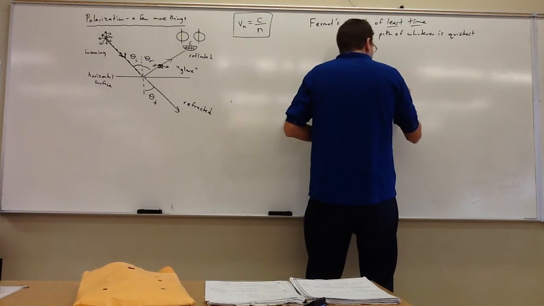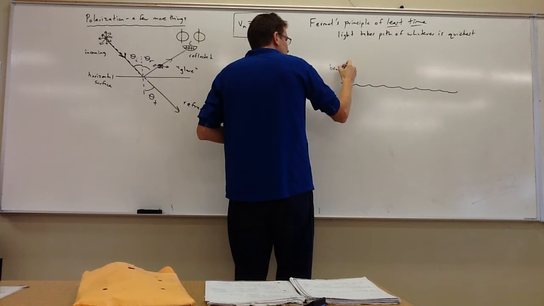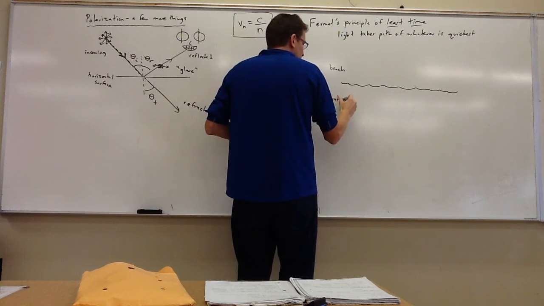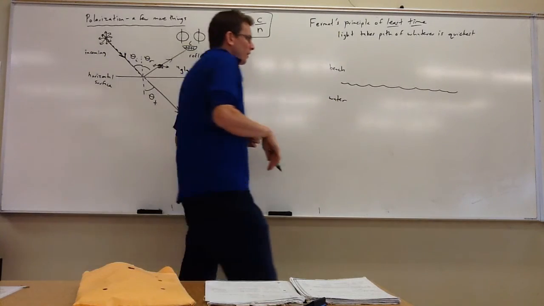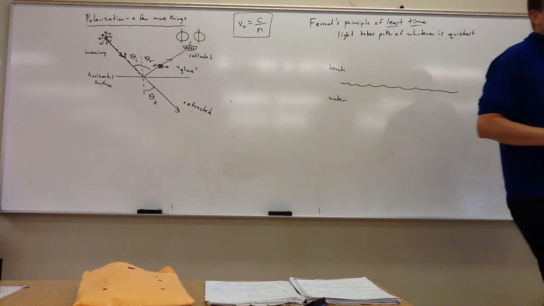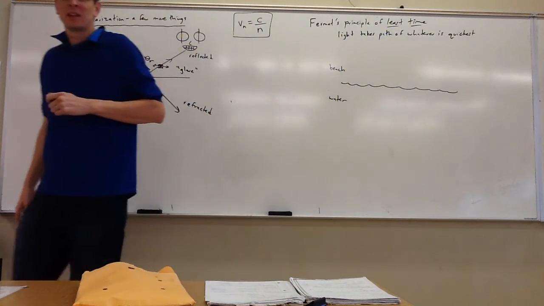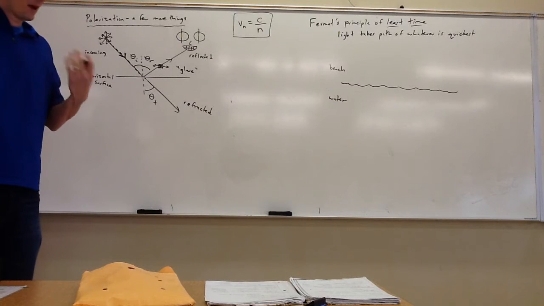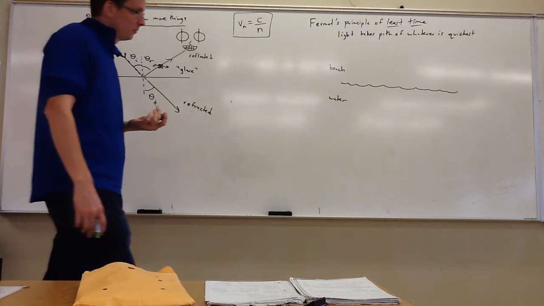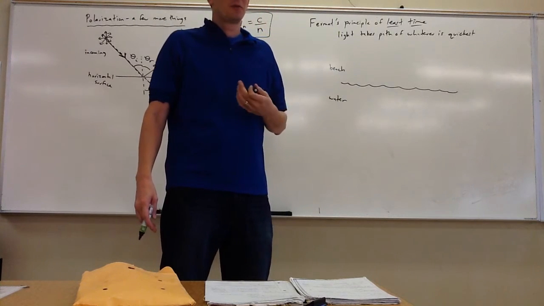So I'm going to be at the beach. Here's my beach. Here's my water. And these represent two different materials: walking on sand, and swimming in the water. But human beings have different abilities to move rapidly or not, okay? Everybody can run on the beach faster than they can swim in the water.